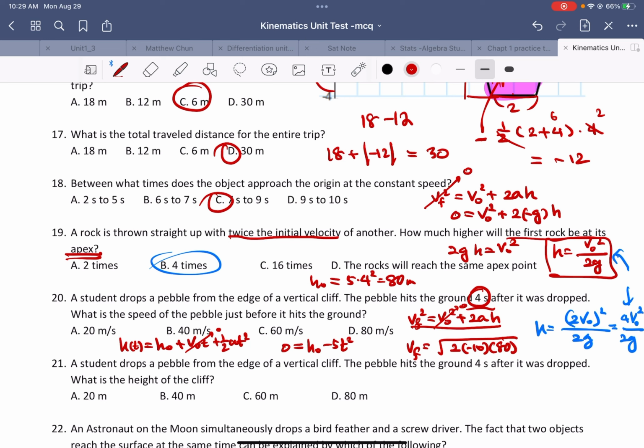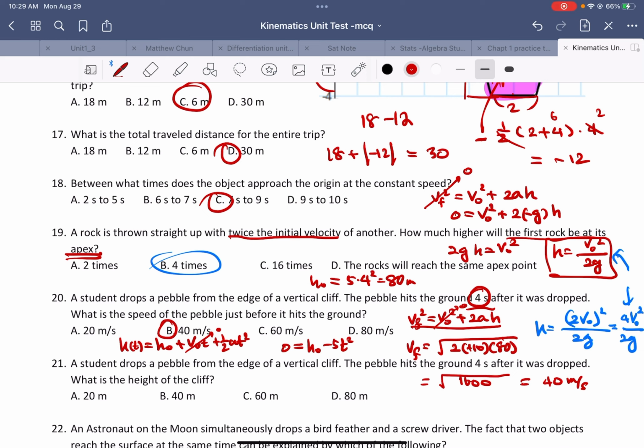In this case, make it positive, because we just need the magnitude. So when you multiply it out, 1600. Then that's 40 meters per second. When it hits the ground, it'll be 40 meters per second.